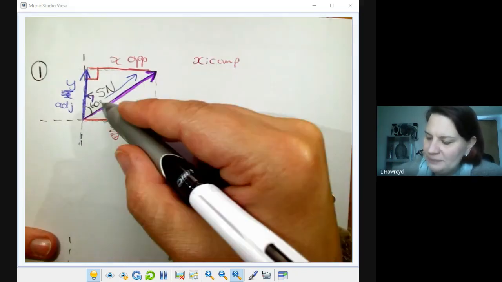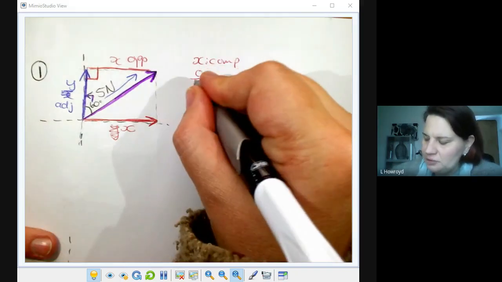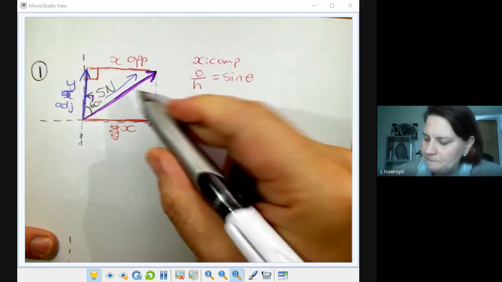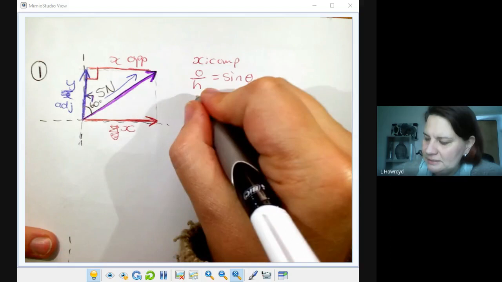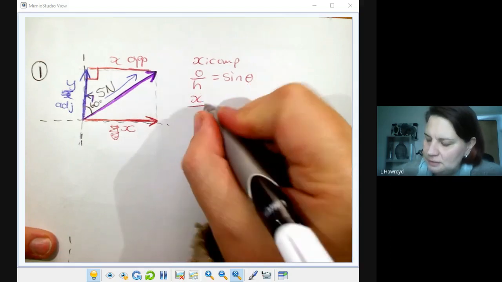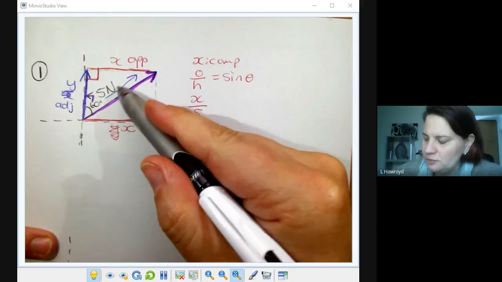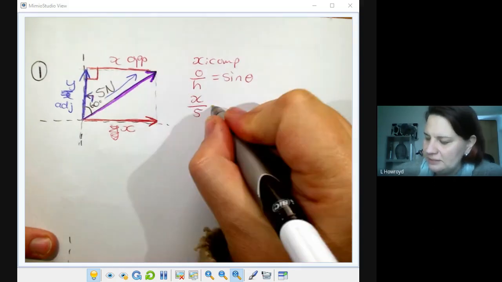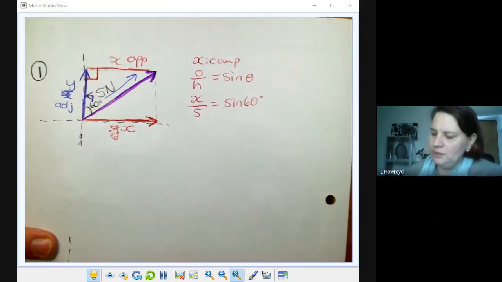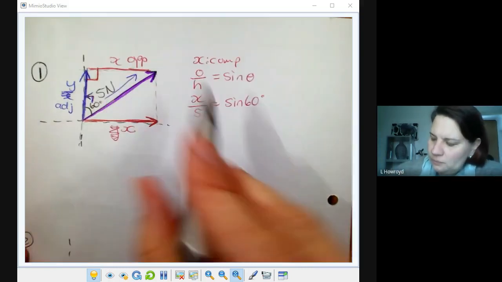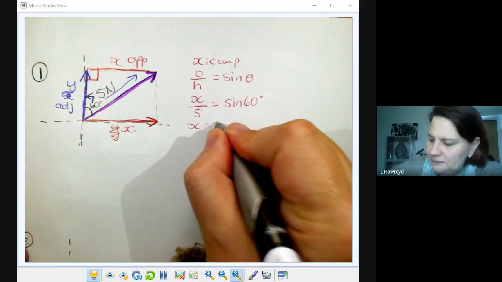Okay, it is opposite over hypotenuse, which is sine theta. My opposite is the x. Okay, and my hypotenuse is 5 because it was a 5 length, and then my sine is 60. So this lands up being 5 sine 60.